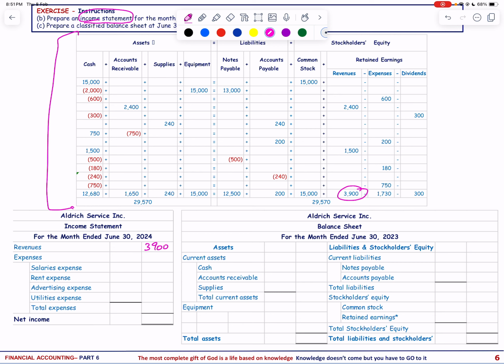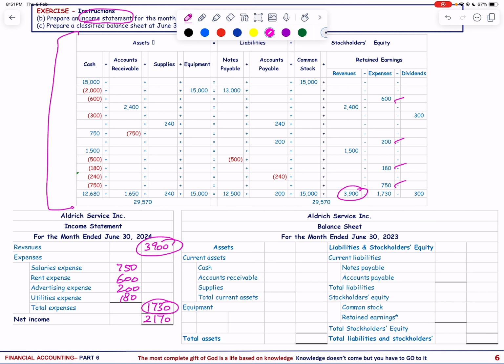Then we have the expenses and the expenses are we have salaries expense of 750, we have rent expense for 600, we have advertising expense for 200 and utilities expense for 180 and the total is 1730 and total revenue minus total expenses will be 2170.